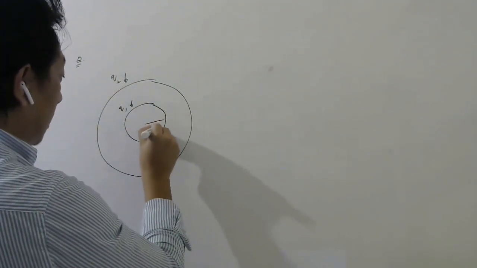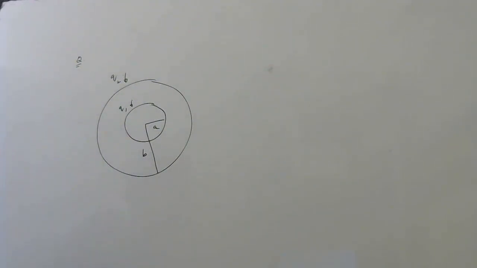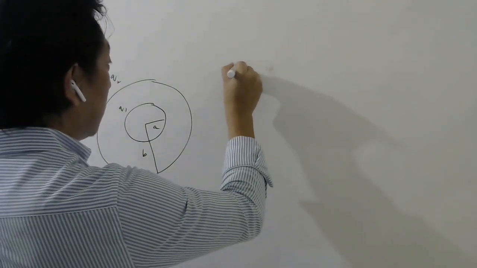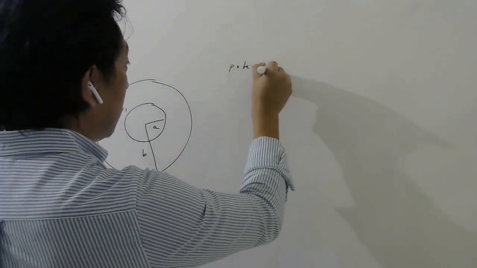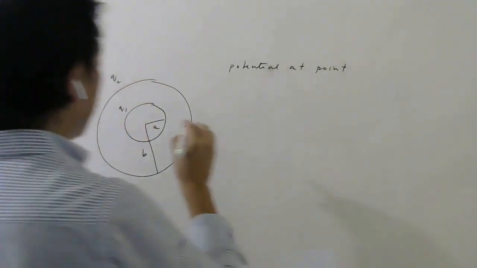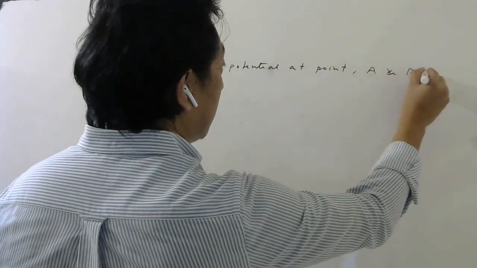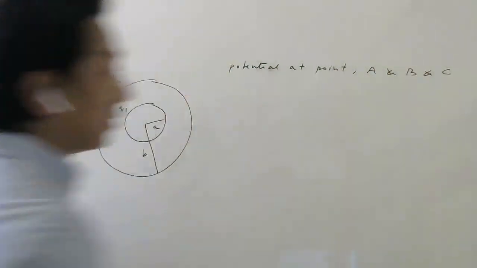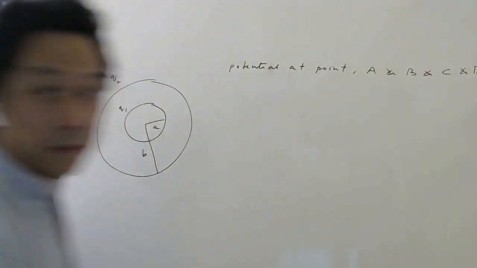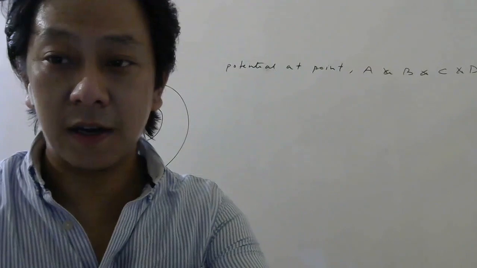Radius of this is A, radius of this is B. The question is, I want potential at points A, B, C, and let me add one more point, D.